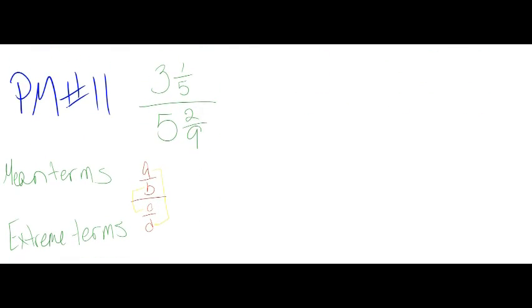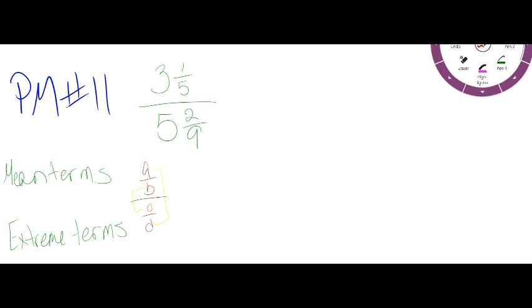In section 11, it talked about a complex fraction. Here we have our complex fraction, and those are already given in mixed numbers. We need them in simple fractions so we can then talk about our mean terms and our extreme terms, which we'll talk about in a second.